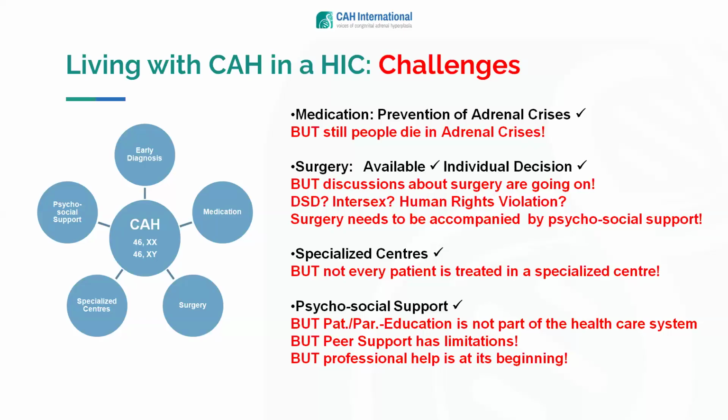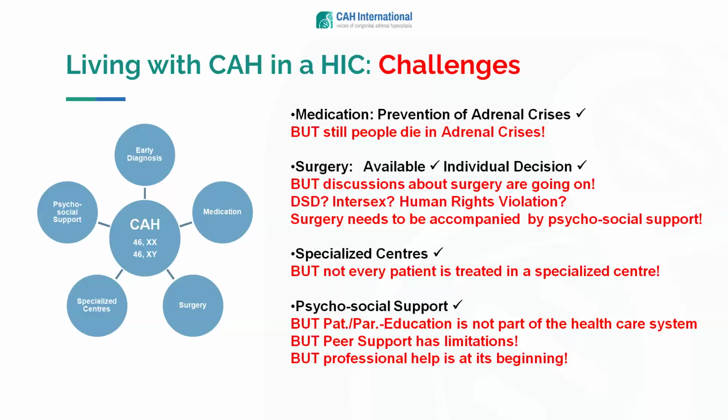So not each girl has to have surgery, and not all parents ask for surgery. And this is a very challenging topic in our countries. We have lots of discussions. What is the right thing to do in girls with CAH?